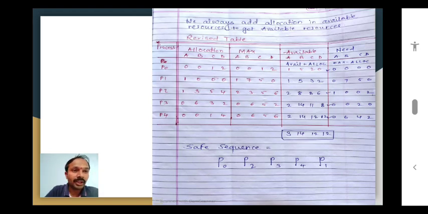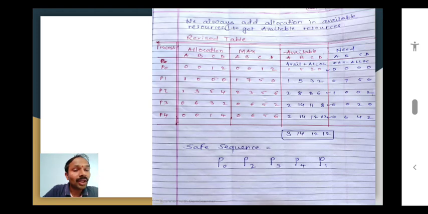I will get the answer 1532, right? Now I will compare this 1532 with 1002. So here I will observe that 1002 is less than 1532, right?